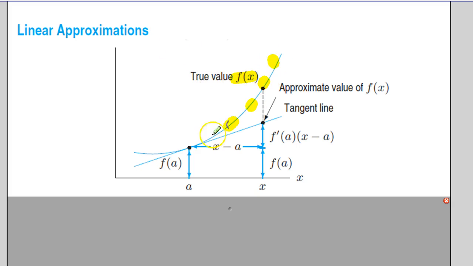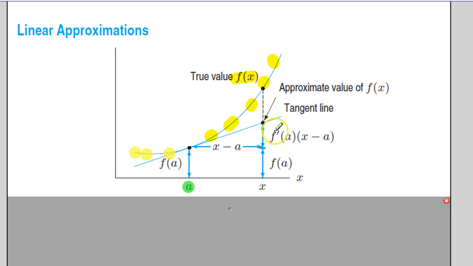And as you can see for f of x, at a certain point a, we have a tangent line to the function f at a. And we use that tangent line to be our approximation of f only at x values that are close to a. Okay, so the closer x is to a, the better the tangent line approximation is, and the farther away it is, then the worse the tangent line approximation gets, as you see here.